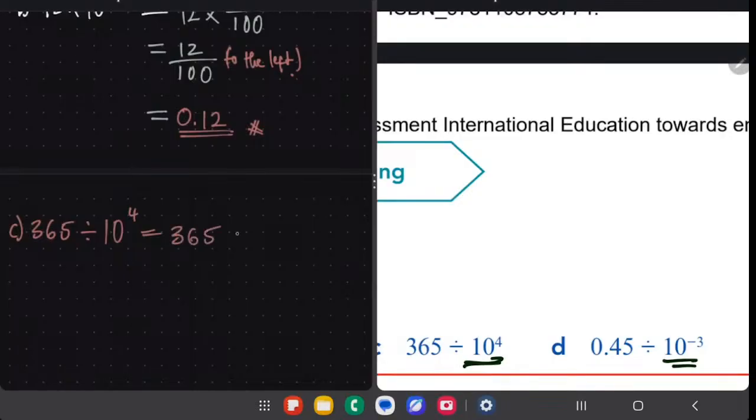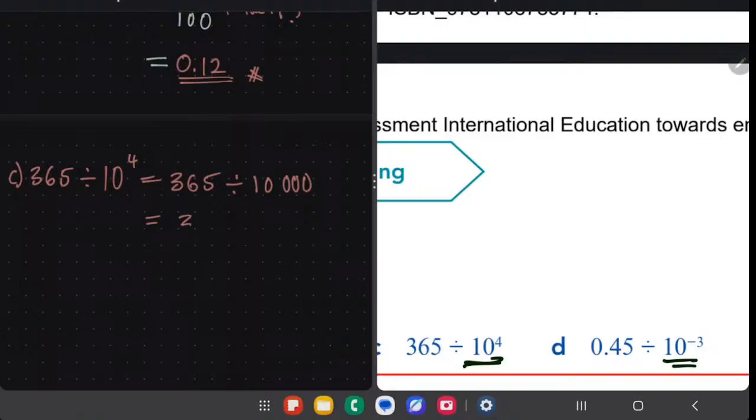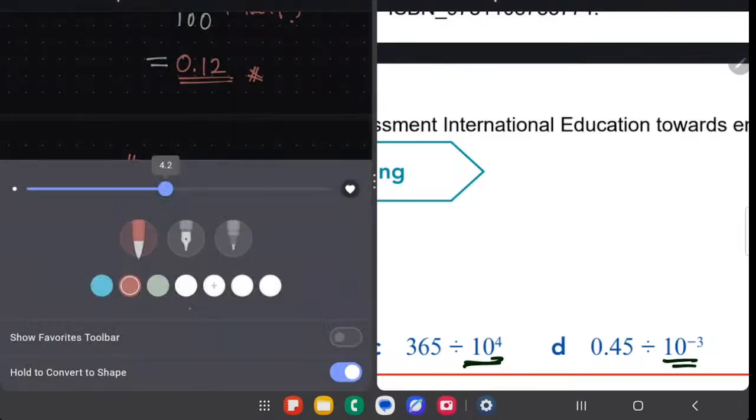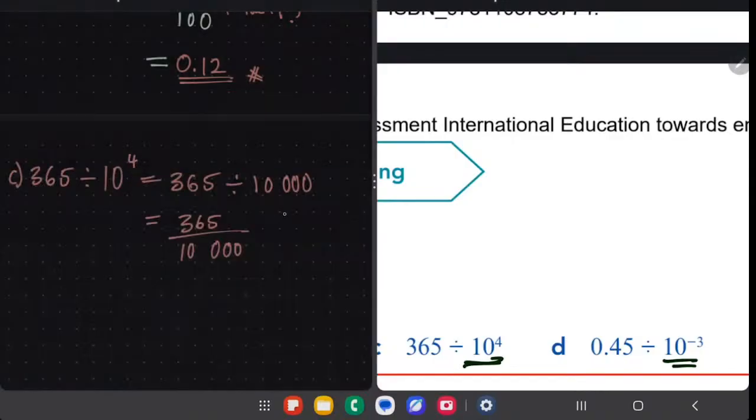Then we say divided by 10 to the power 4 is 1 and 4 zeros, which is 10,000. So we are dividing by 10,000, which we can write like this: 365 divided by 10,000. And this means you are moving the comma 4 times. Since you are dividing, it moves to the left.